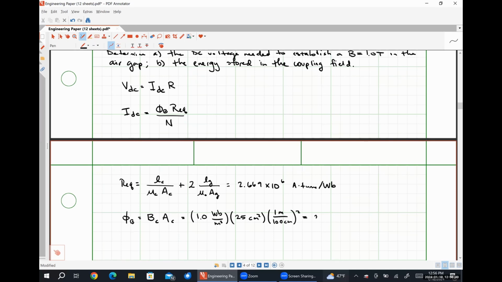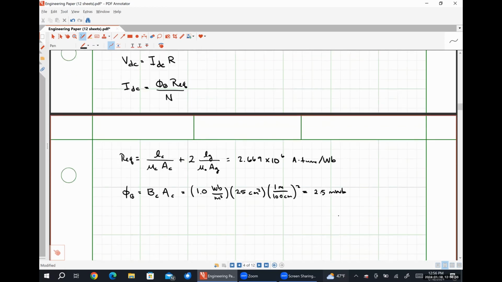And this comes out to give me 2.5 milliweber, or 2.5 times 10 to the minus 3 Webers. And using this, our DC current is 2.5 times 10 to the minus 3 Webers times 2.669 times 10 to the positive 6 amp turns per Weber divided by our number of turns.